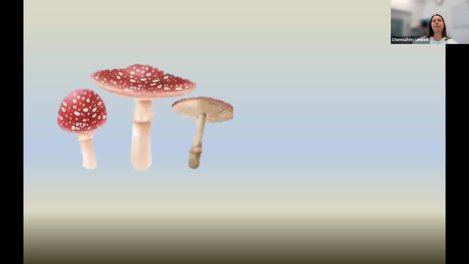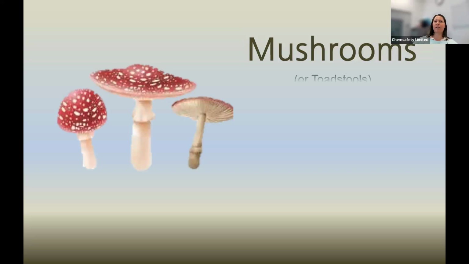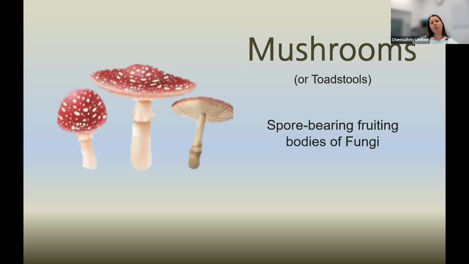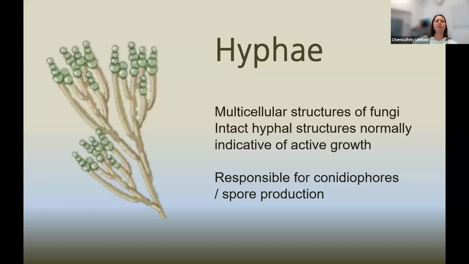When we think about fungi, what would be the first thing that comes to mind? Mushrooms or toadstools? These are just the fruiting bodies of fungi, and they are not the only form in which fungi can come in. Yeasts are unicellular fungi, and hyphae is a multicellular structure of fungi.